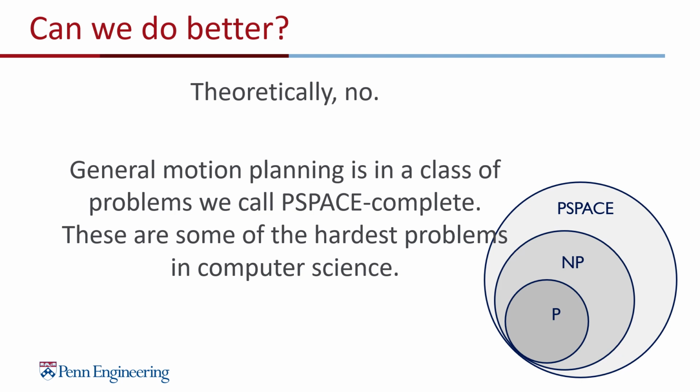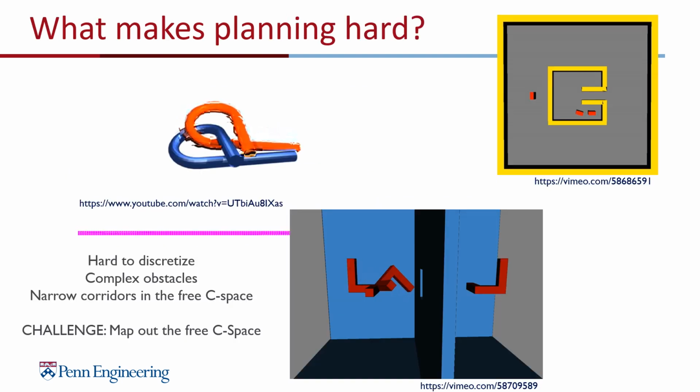There's only so much better we can do. General motion planning is in the class of PSPACE-complete problems, which are some of the hardest problems in computer science. If we want these problems to be efficient and complete, even as our configuration space grows exponentially, we don't currently have solutions to do that. What makes this problem so hard?